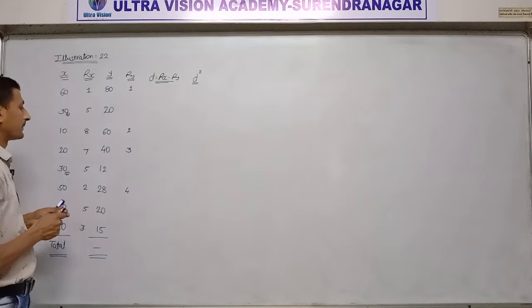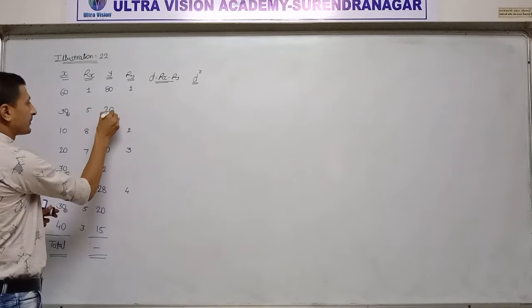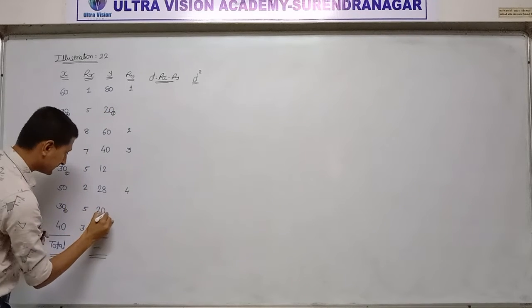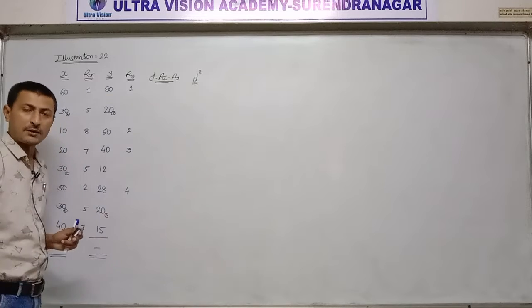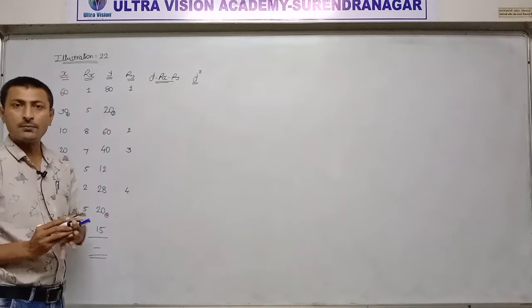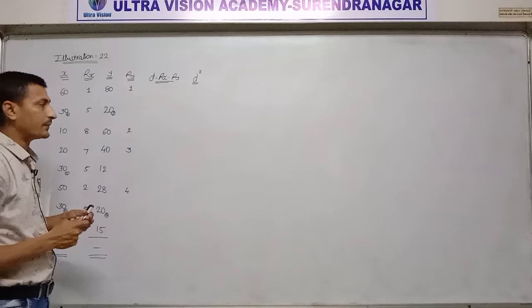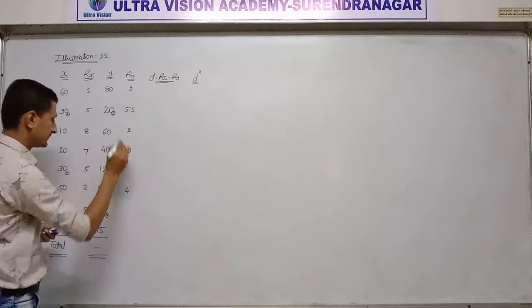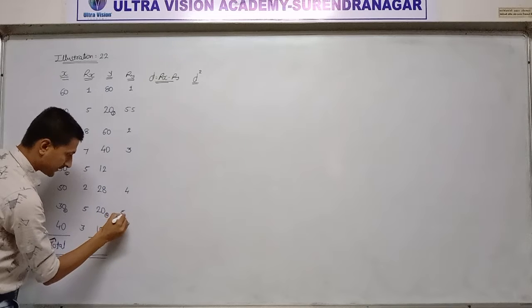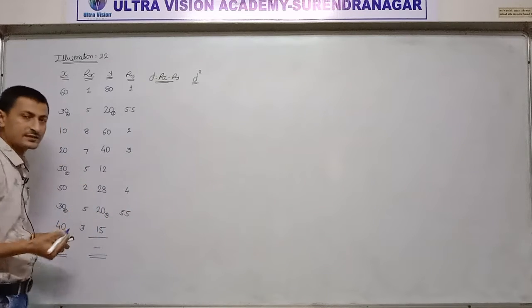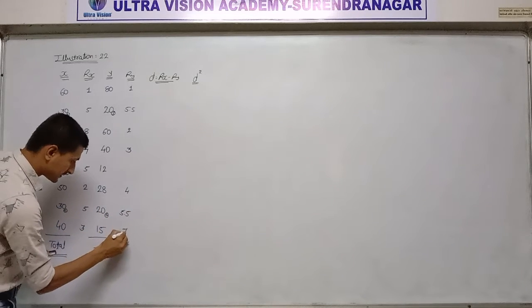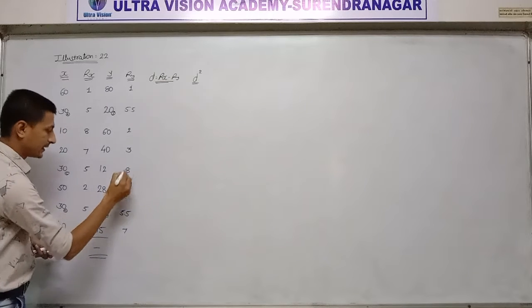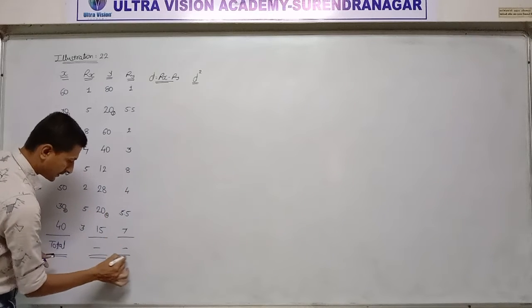Next 20, 2 times repeated, so rank numbers 5 and 6. So find the average: 5 plus 6 divided by 2. The answer is 5.5. So 5 and 6 completed. Now 7 and 8.